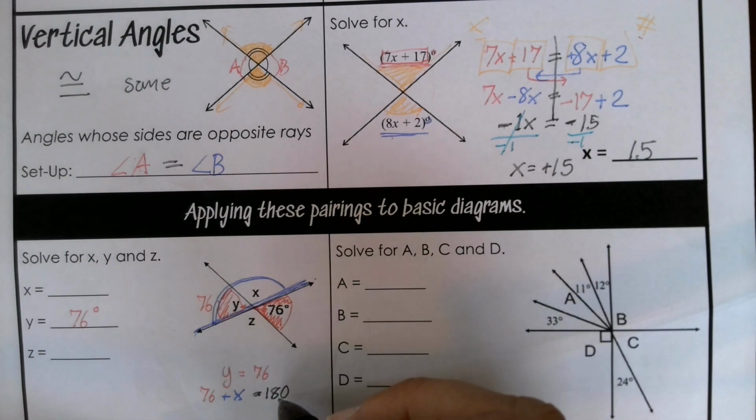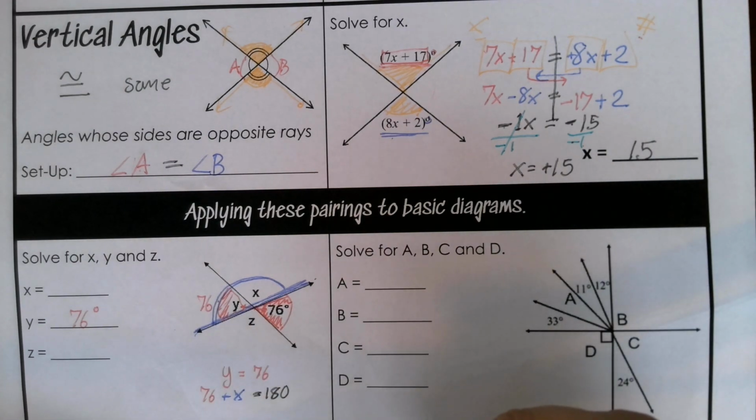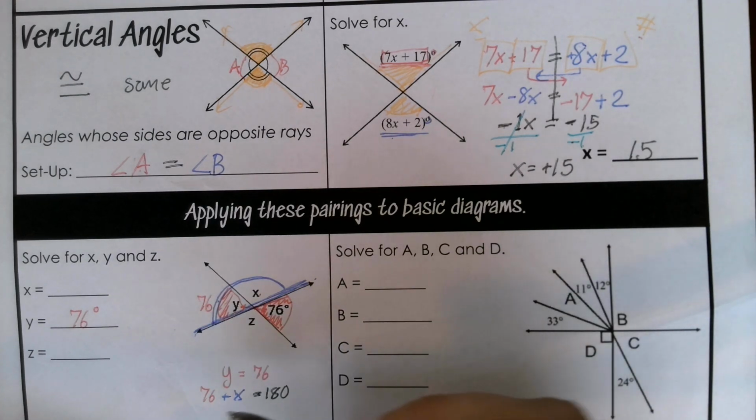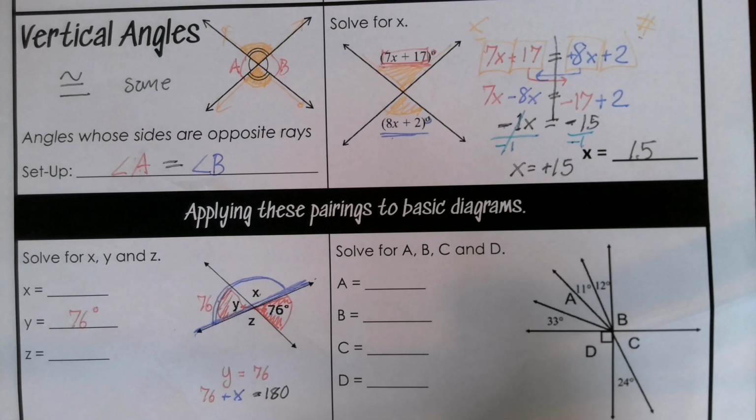If I sort this over here, what I'm really finding out is that I have to add some amount. Whatever amount I'm adding to 76 needs to give me 180. How much more do I need to get me from 76 to 180? I could solve that, but I could figure it out in my head too. To get me from 76 to 80, I need 4.